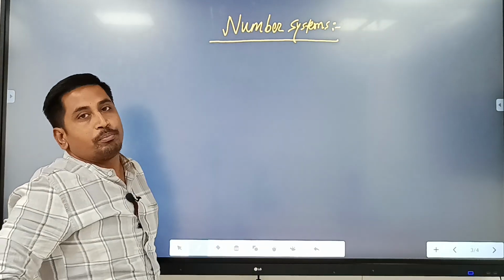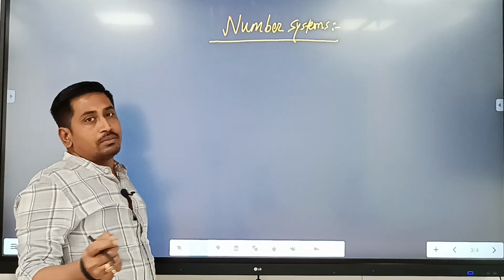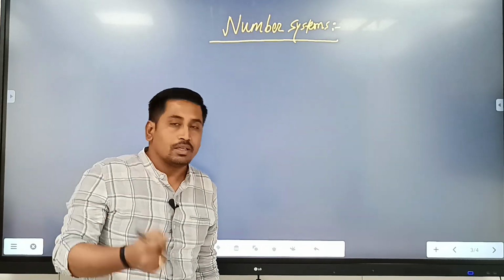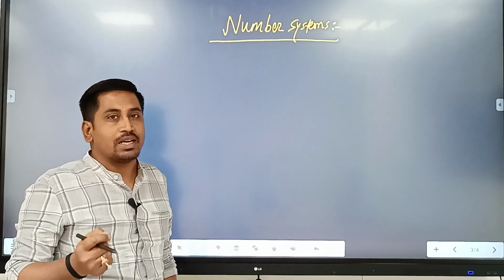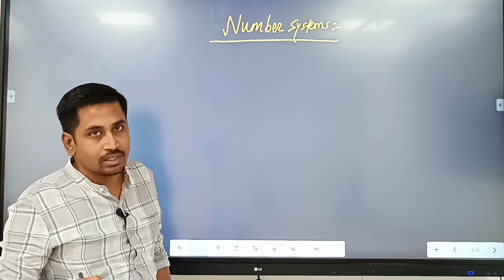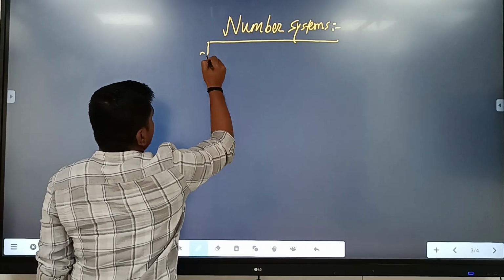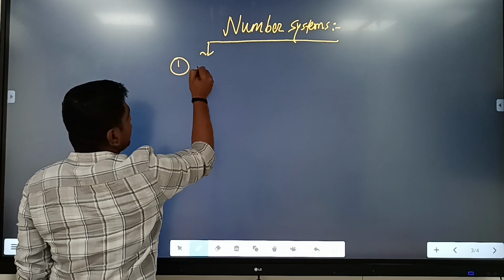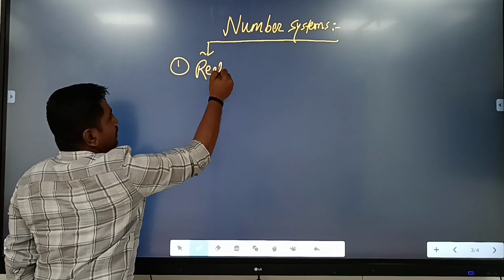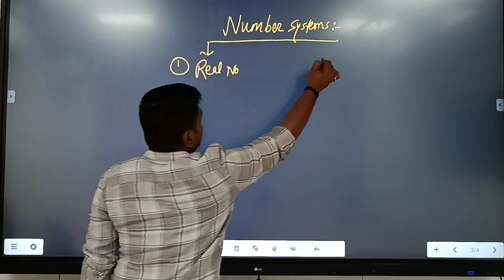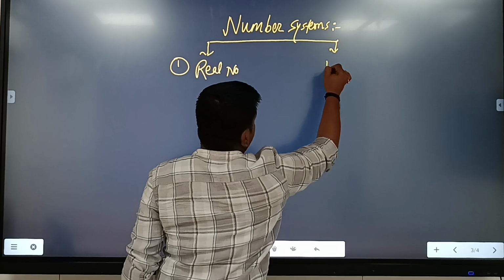Before we start, we will know about the kinds of numbers that we have to learn over here. There are two different types of number. One is a real number and the other one is imaginary number.